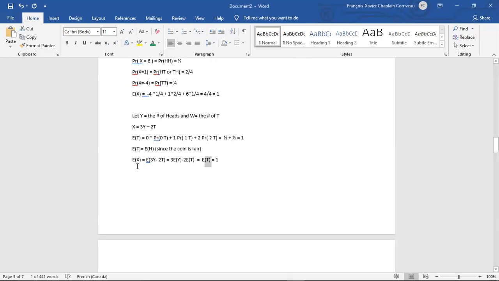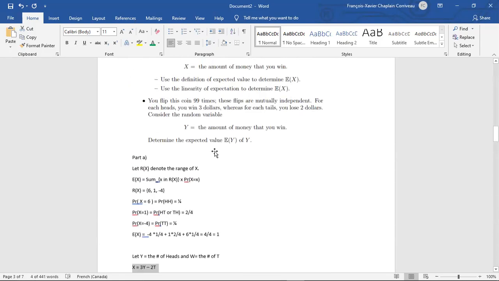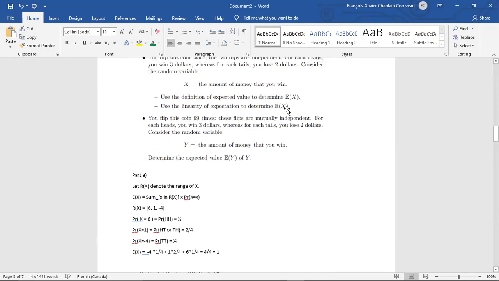That would be one way to make use of linearity. Yeah, no, it's much simpler than that. And that's a good trick to keep in mind if you're looking at money earnings, in which you have several scenarios. You're counting the number of times something happened, and for each time this happened, you get some fixed amount of money.